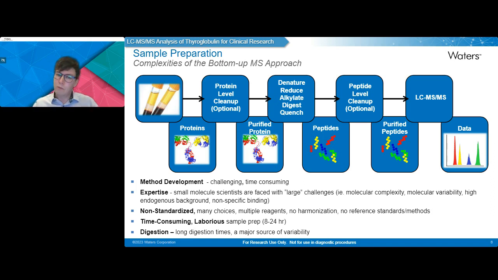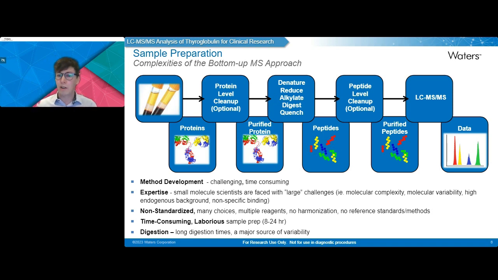So overall, within this workflow, it does mean that the method development can be time-consuming and expertise can be harder to come by, with small molecule scientists faced with large molecule challenges, such as the molecular complexity you observe, the variability, and also issues maybe around non-specific binding.